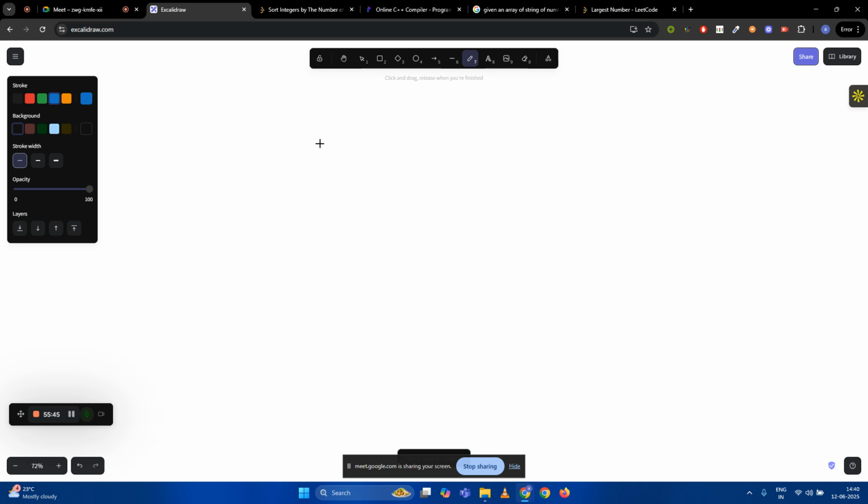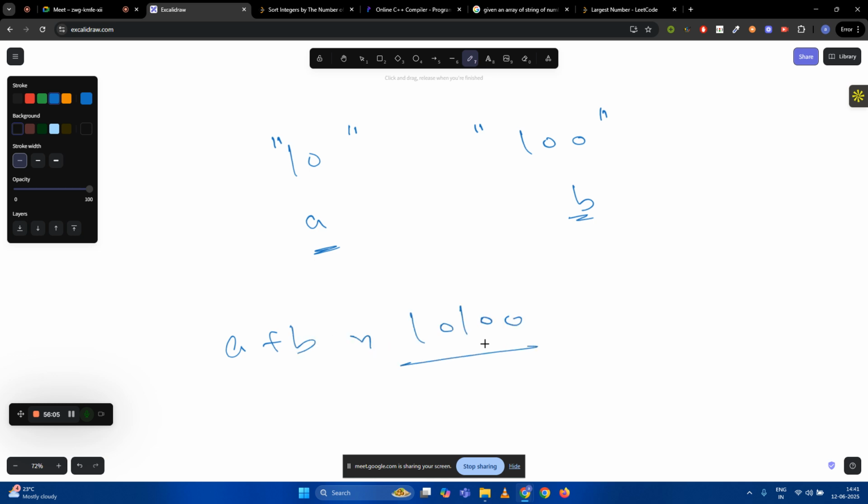So let's say you have a string 10 and a string 100. Call them A and B. Which one is better to join? If I join A and B, A plus B, it will form this number. If I join B plus A, it will form this number. Which one is bigger? Is the above one bigger or the below one?